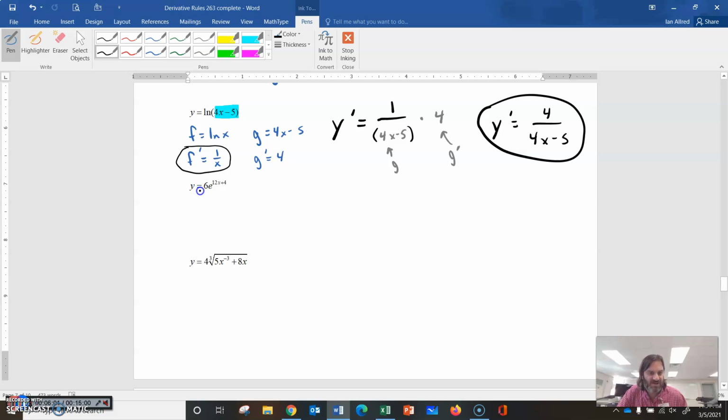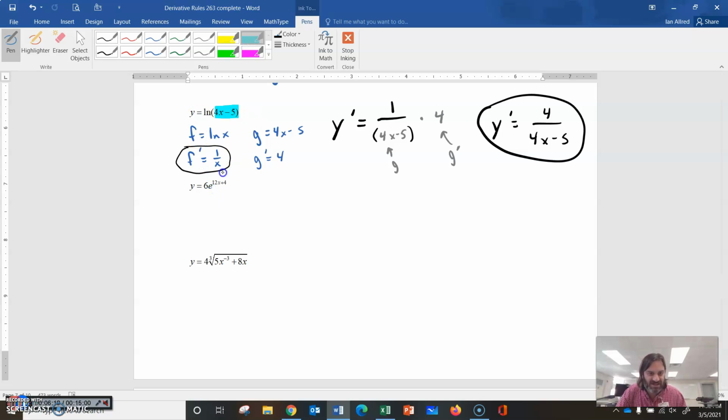The next example, y equals 6 times e raised to the 12x plus 4. We don't see a parentheses here, but we know the derivative of e to the x is e to the x, though I warned you in the beginning it wasn't always that easy.